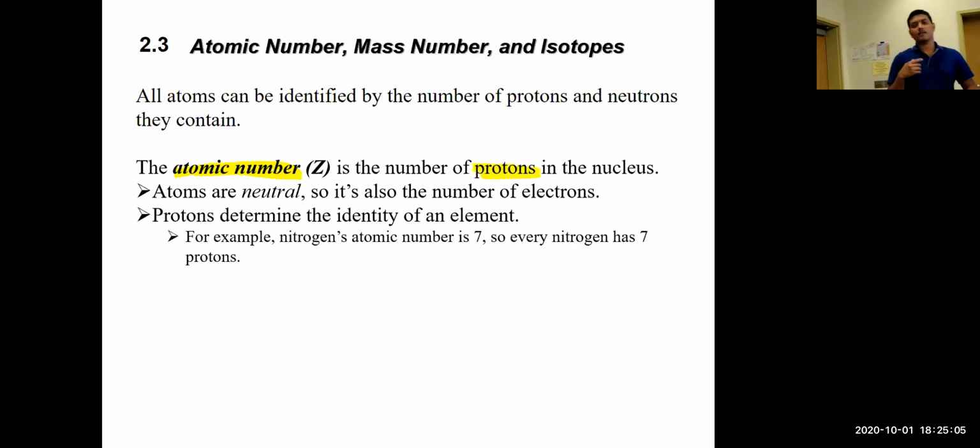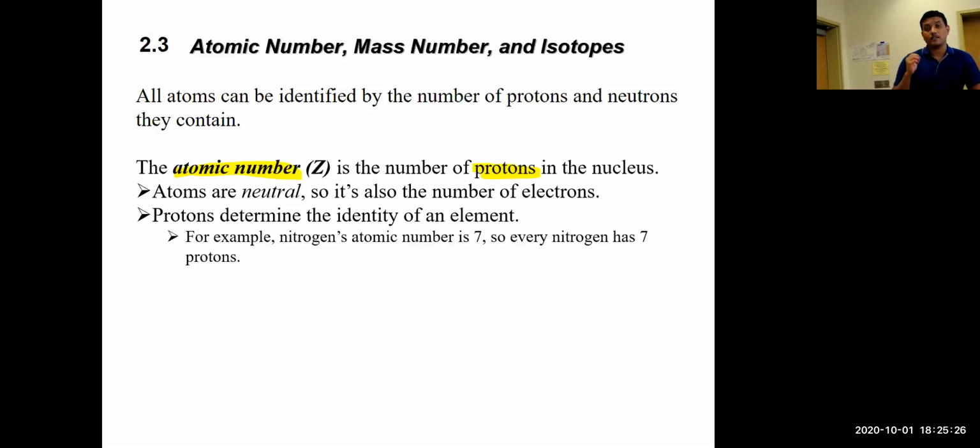Because atoms are neutral in their natural state, the number of protons is equal to the number of electrons, because as we discussed in part 2 of the lecture in this chapter, protons and electrons have the same magnitude but opposite charges.